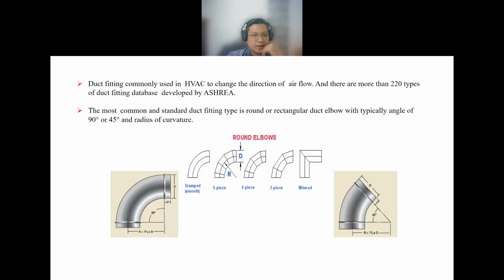This one is a round elbow. If we compare, this one is considered the smooth one, and this one is considered 45 degree.